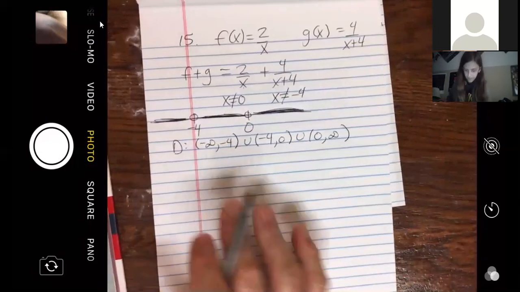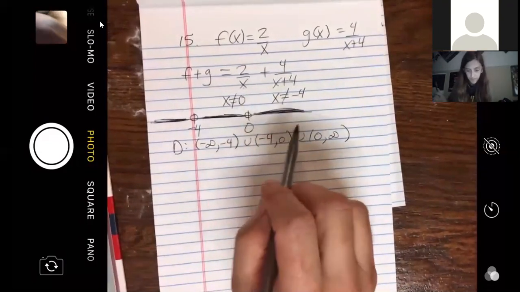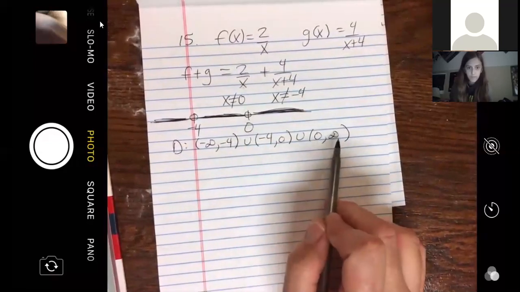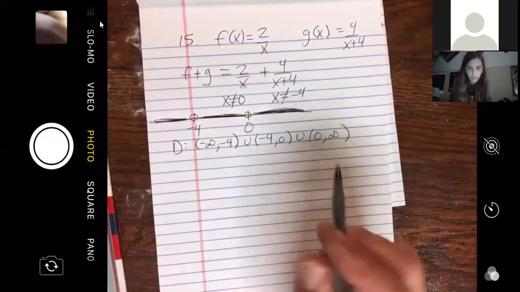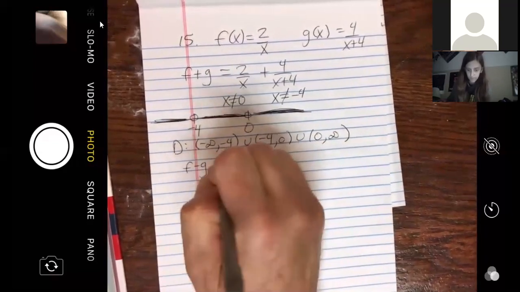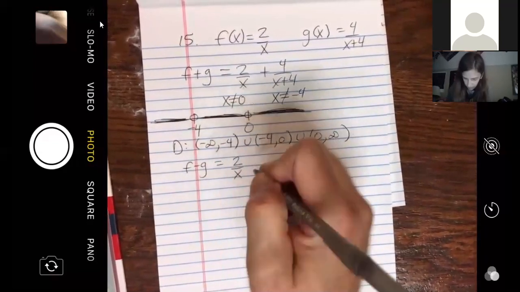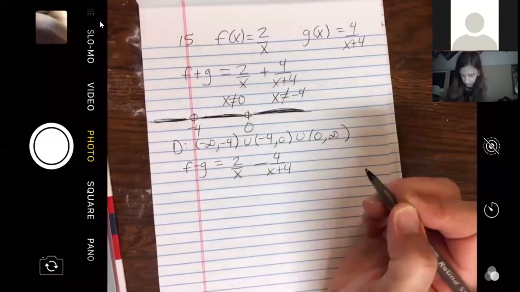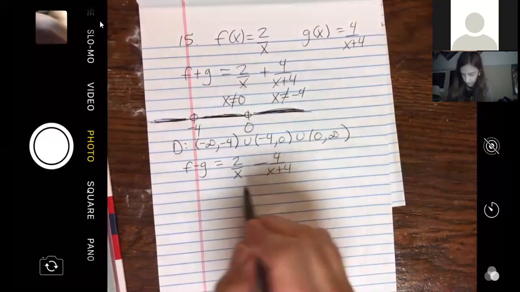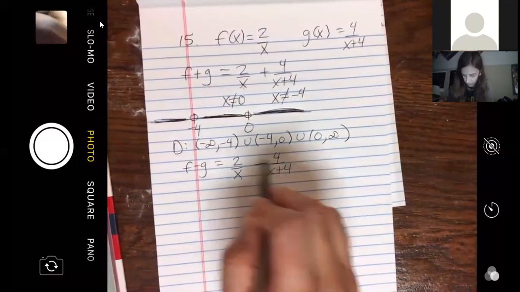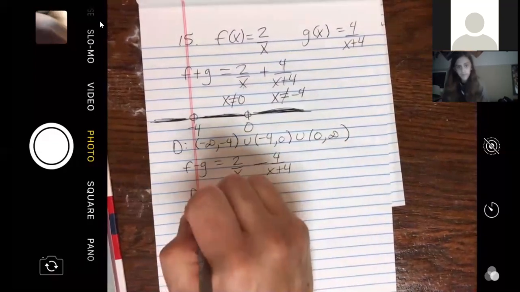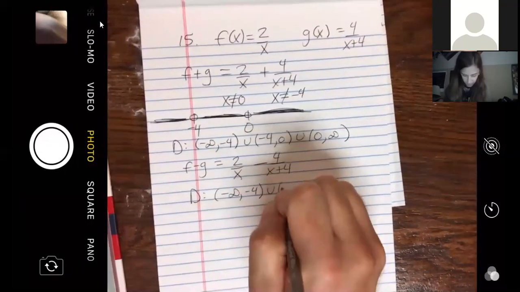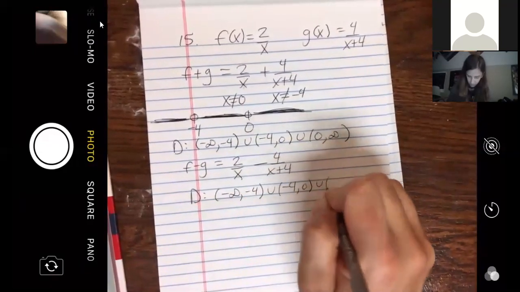All right. Once we've done this, this is really where all the work is, because the rest of them are going to have basically the same domain. If I do f minus g, you just take the 2 over x and subtract the 4 over x plus 4. And you see, you still can't use 0 or negative 4. It's got an identical domain: negative infinity to negative 4, negative 4 to 0, 0 to infinity.